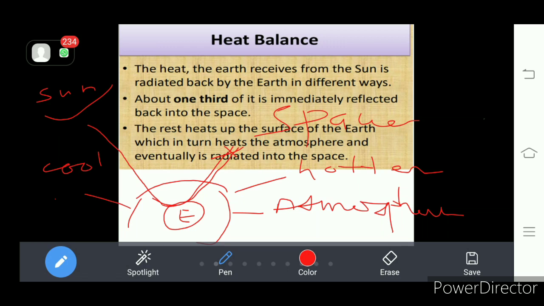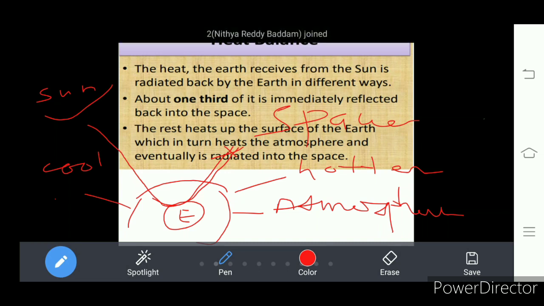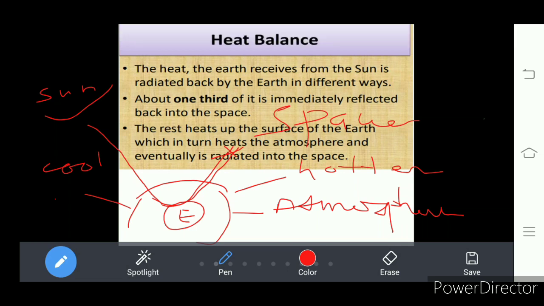The heat earth receives from the sun is radiated back by the earth in different ways. What are the different ways? Oceans radiate, then forest cover. In that way, it radiates a certain amount of heat into space, and the remaining heat is maintained on the earth's surface. That is heat balance. So this heat balance is very important.